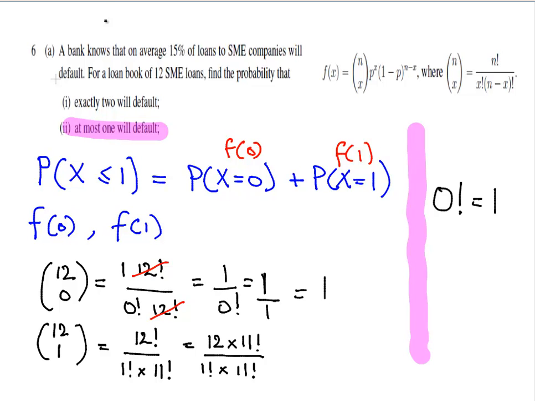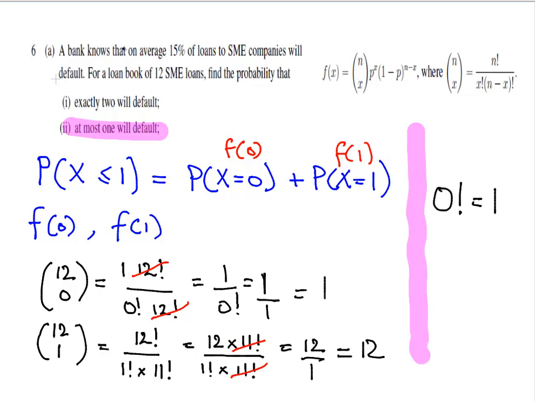The 11 factorials cancel out. So what we have there is 12 divided by 1, and that's just equal to 12. So we have 12 choose 0 and 12 choose 1, and they are 1 and 12 respectively.